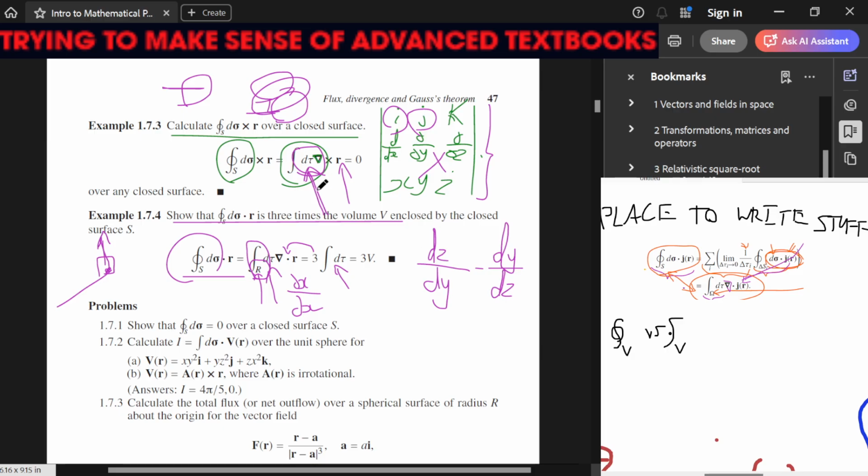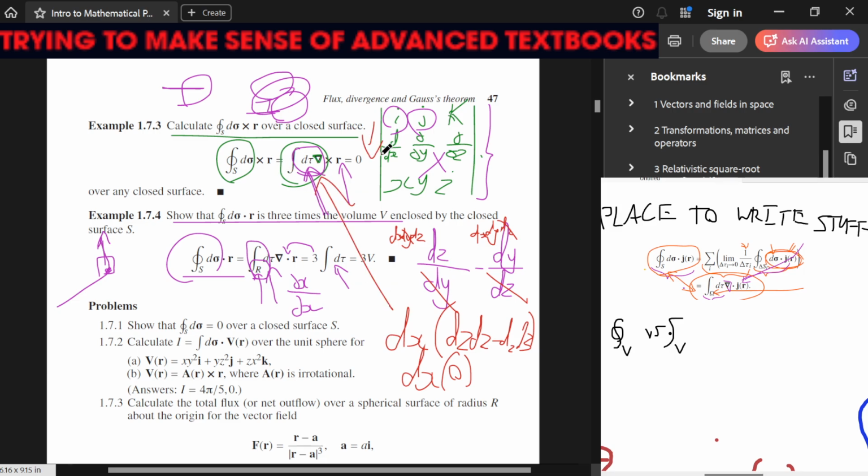So dx dy dz, dx dy dz. dy and this cancel out, dz and this cancel out. dx could factor out to give dz minus dz equals dx multiplied by 0, which means 0. So we get 3 zeros.